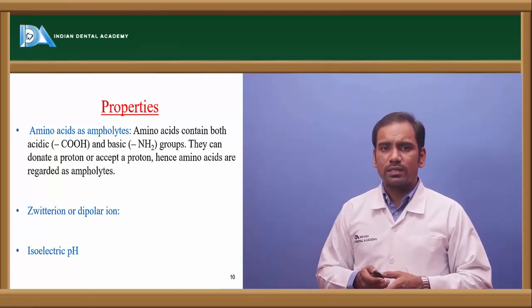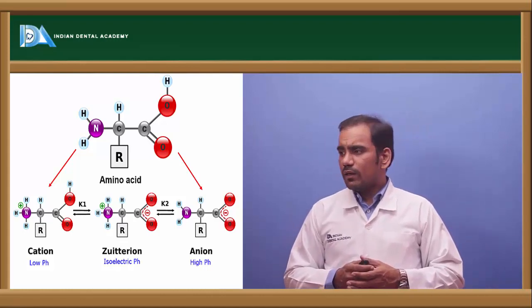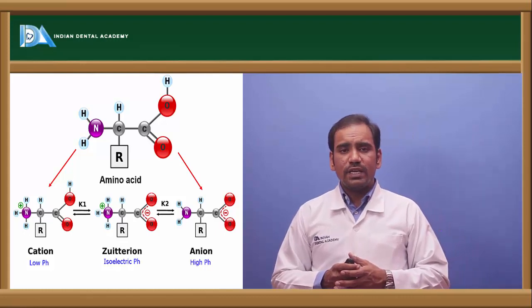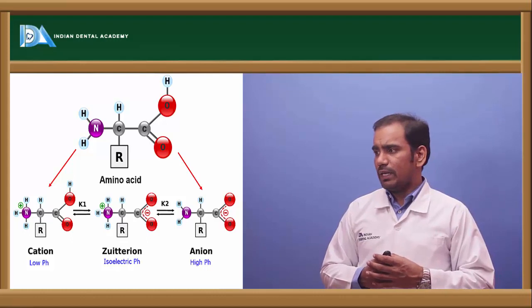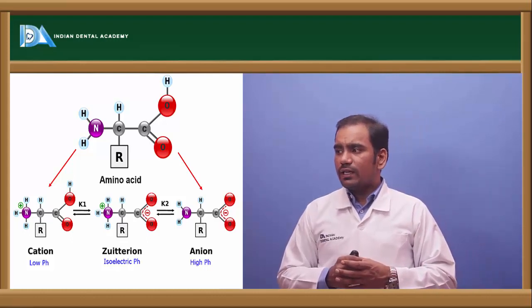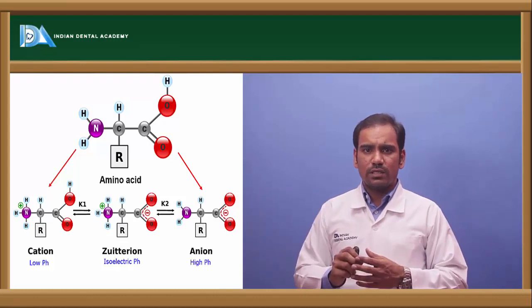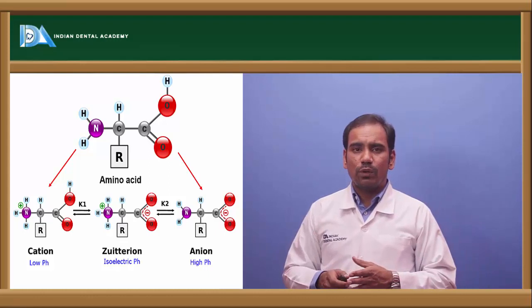Why do you call amino acids ampholytes? In this picture you can see the Zwitter ion. That Zwitter ion is seen at a particular pH, which we call isoelectric pH. And at that isoelectric pH it carries both positive charge and negative charge. So that's why we call it a Zwitter ion or dipolar ion.